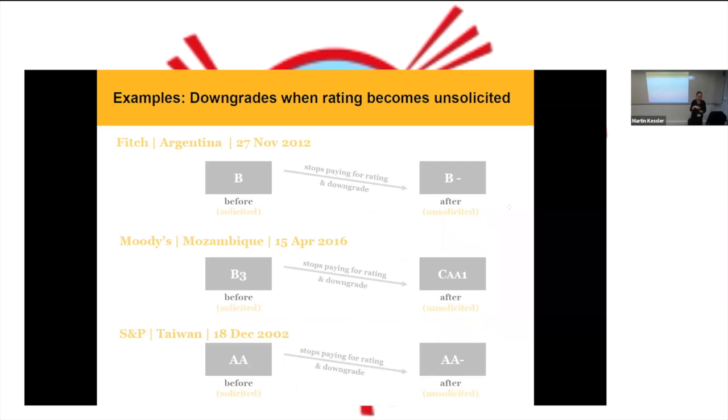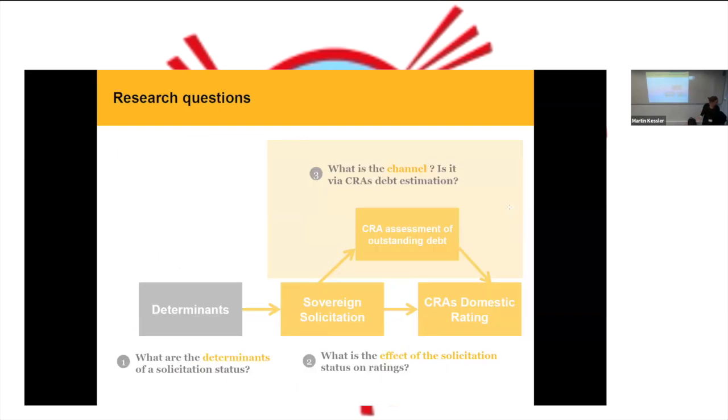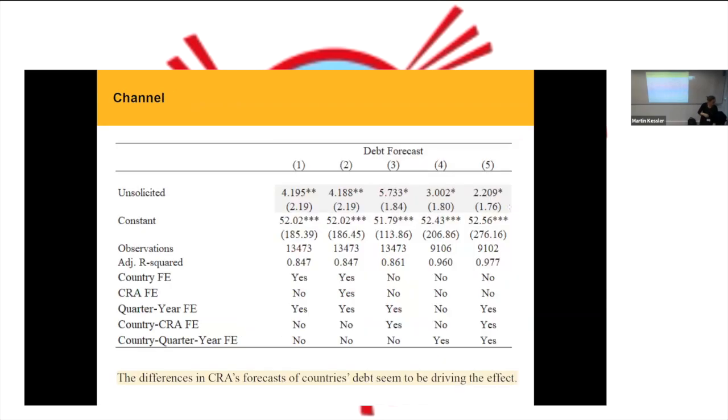Mozambique in 2016 stopped paying and was downgraded. I picked one example for each CRA, but we have many more, and we have this average effect: we stop paying, we see a downgrade. Then we ask ourselves, what could be the channel? We evaluate several channels, and the one that has shown up in the data is this debt channel.